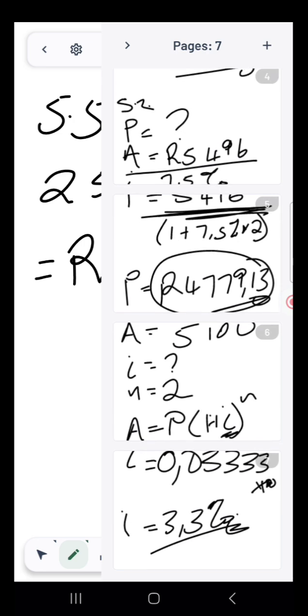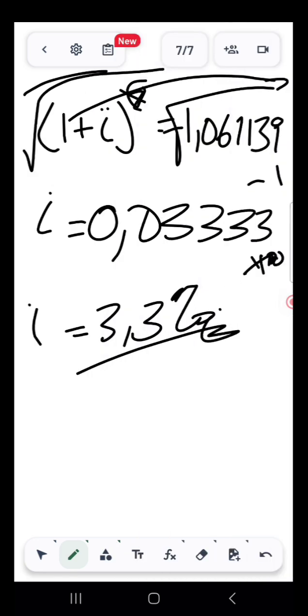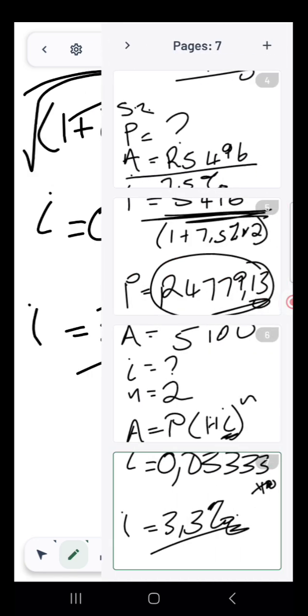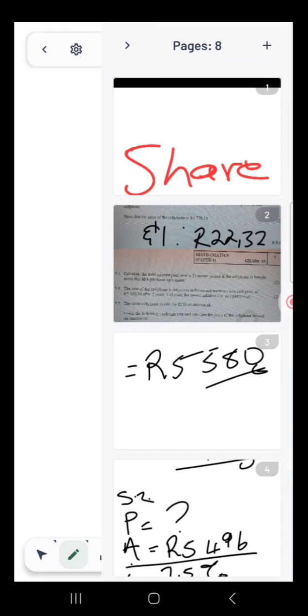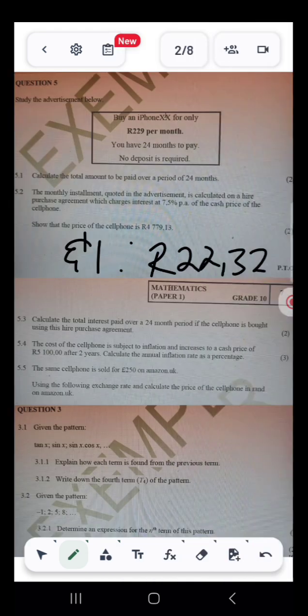Okay, that's how you solve the financial maths. Financial maths is not really a difficult topic, because the formulas are most of the time, not always, there on the formula sheet. You just need to understand which formula represents simple interest and which represents compound interest. Every time it is hire purchase, you must know it's simple interest.